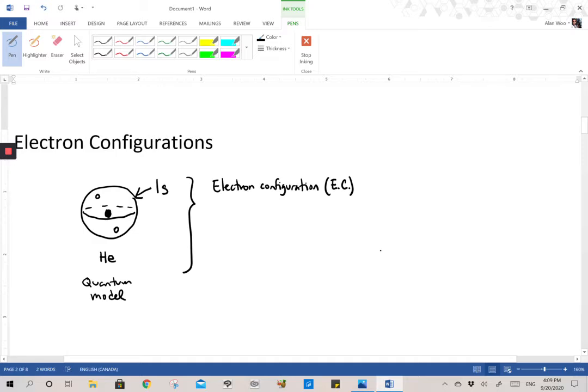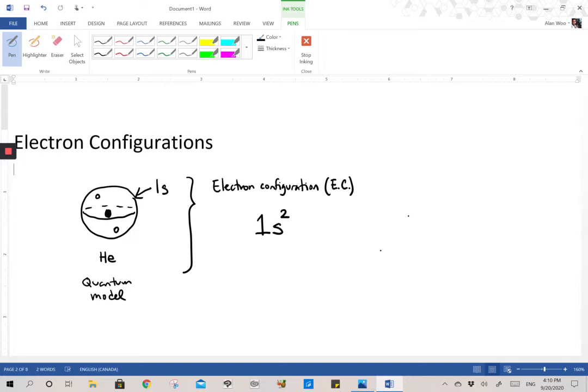It gives you the most important information about the quantum model, about that particular atom. So for helium, I would write the electron configuration like this. This would be the electron configuration for helium.